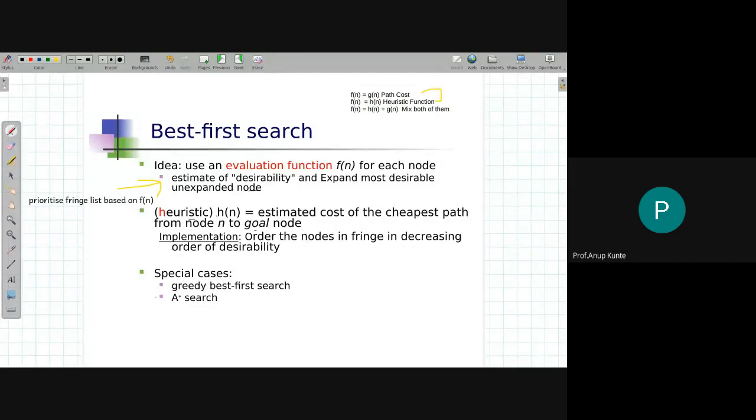So I just replace in uniform cost search the value of g of n with h of n, and I get f of n. f of n is equal to h of n, which is greedy best first search. If I use h of n, it is called greedy best first search. Why it is greedy, we'll talk about that soon.